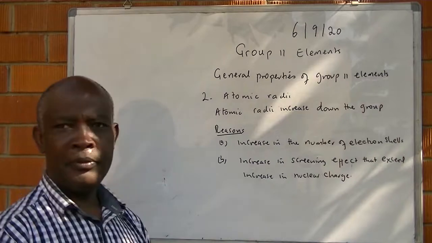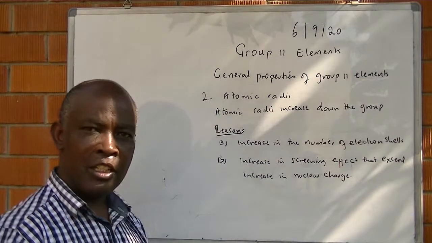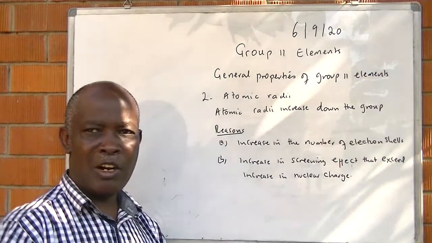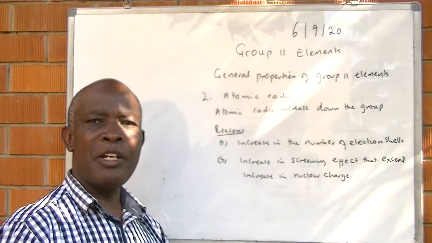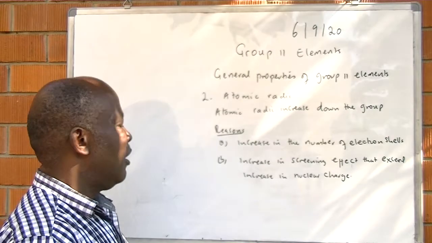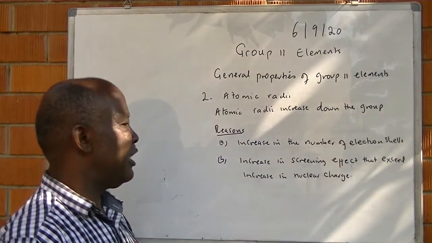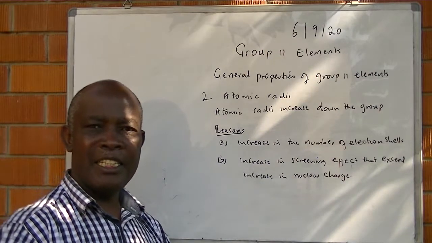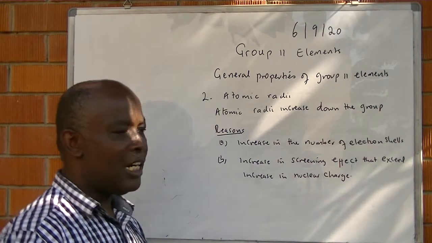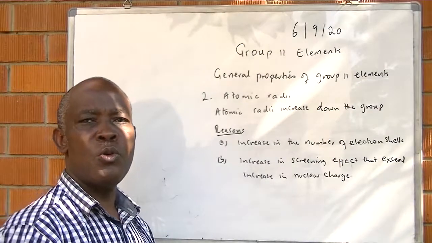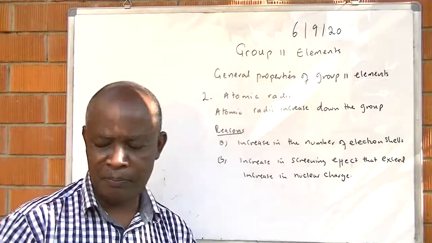Two, as the number of electron shells increase, the inner electrons will screen the outer electrons from the nuclear charge. So there's increase in the screening effect that exceeds increase in the nuclear charge as you move from beryllium to barium.